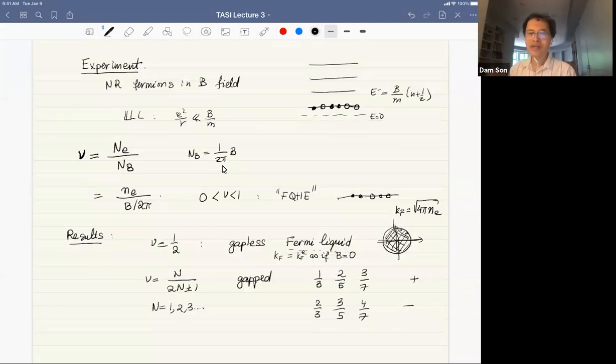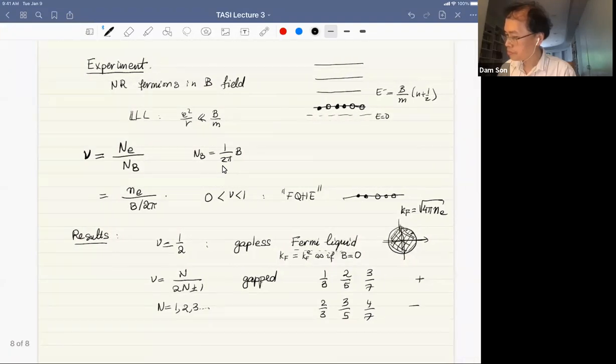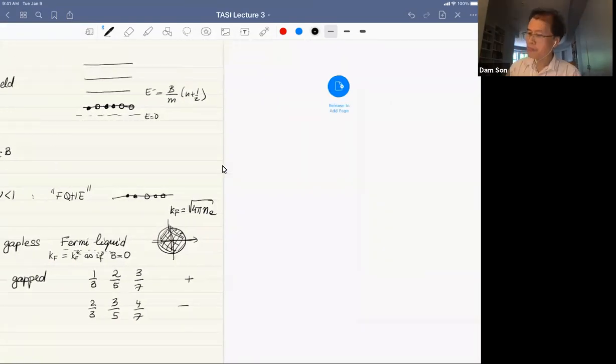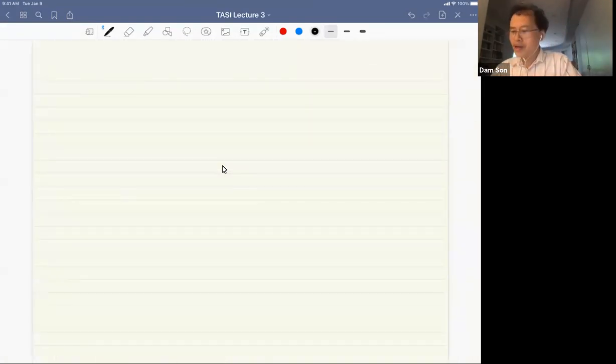I'm not going to describe how they determine this Fermi momentum. There's a very ingenious experimental method to do that, based on observing certain resonances in the transport. Okay, but now we are going to try to write down some theory that would reproduce this experimental result.